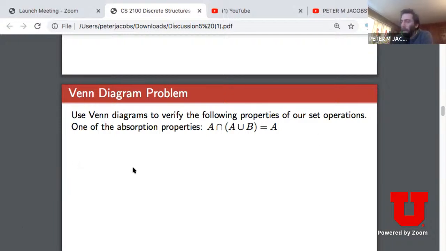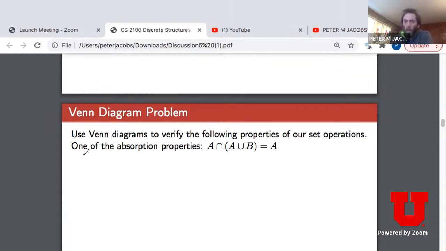So we want to verify that A intersection A union B is equal to A, and we're asked to do it using a Venn diagram. We're going to write out the left-hand side using a Venn diagram and show that the region that we get is just A. That's how we'll verify.